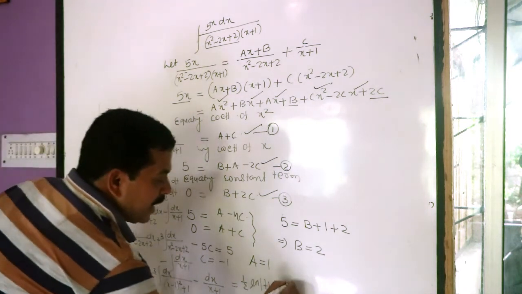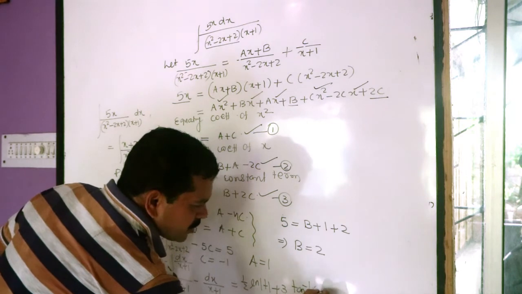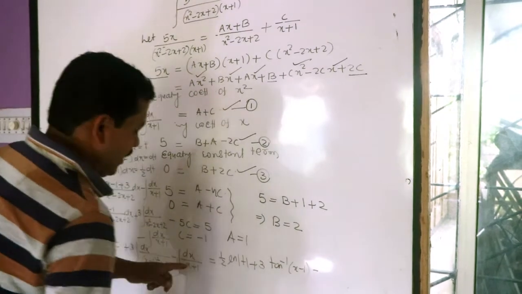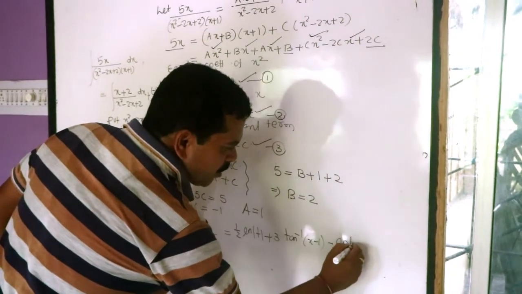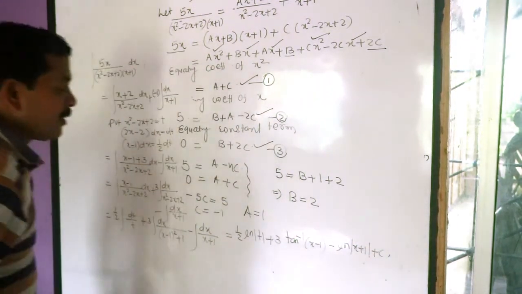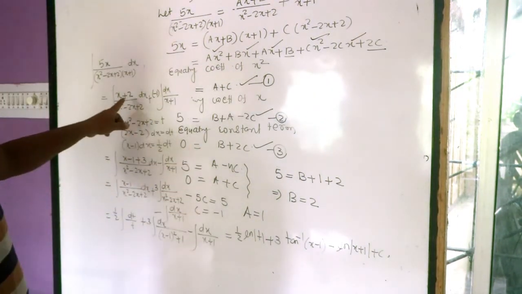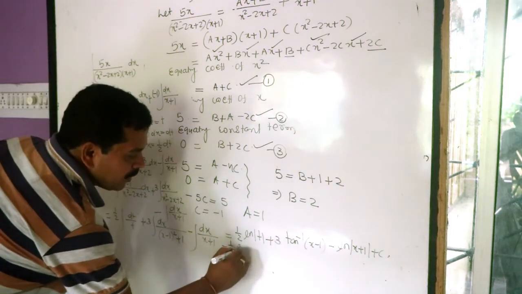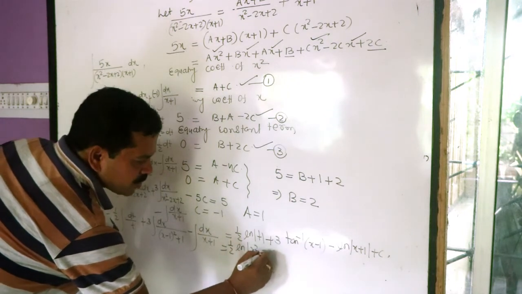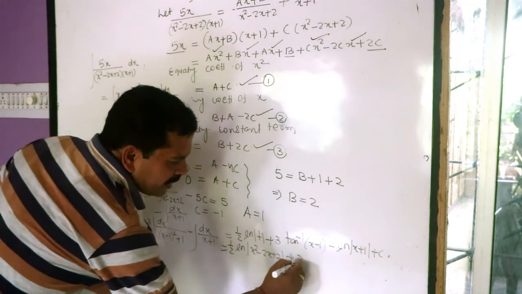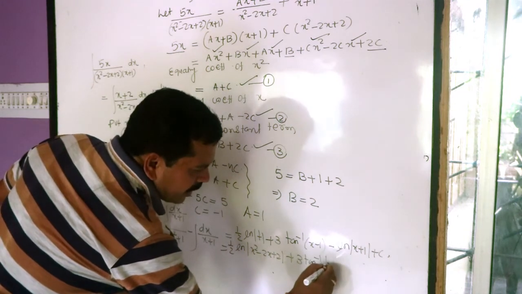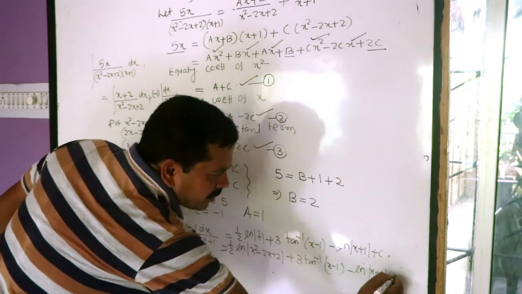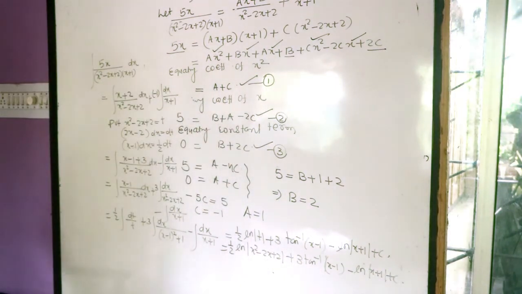Integration of this is tan inverse (x minus 1), minus integration of dx by x plus 1, which is log |x plus 1| plus c. Then you put the value of t as x square minus 2x plus 2, which becomes half log |x square minus 2x plus 2| plus 3 tan inverse (x minus 1) minus log |x plus 1| plus c. Let's complete the integration.